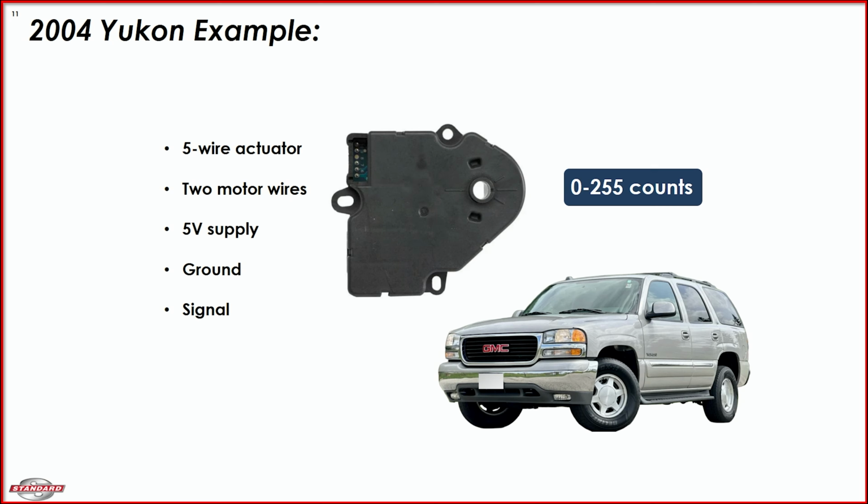Another really important detail to take note of is the fact that in this example, the HVAC control module uses a range of 0 to 255 counts to index the actuator position. The door position signal voltage is converted or translated into a 0 to 255 count range.